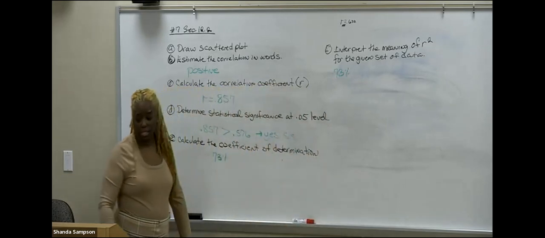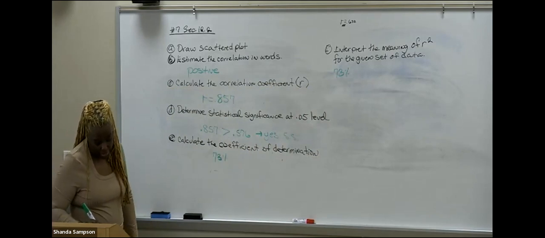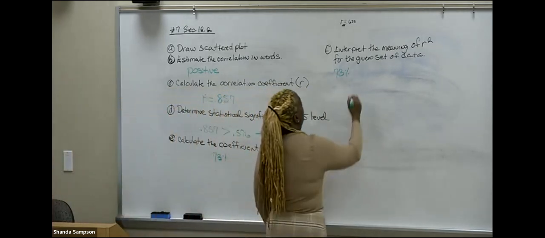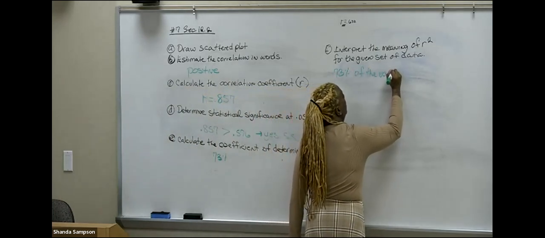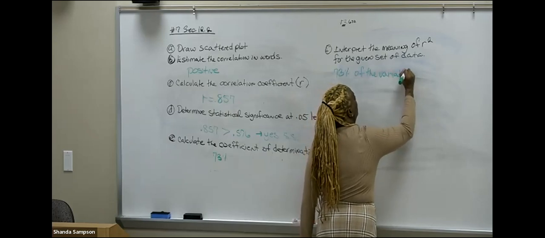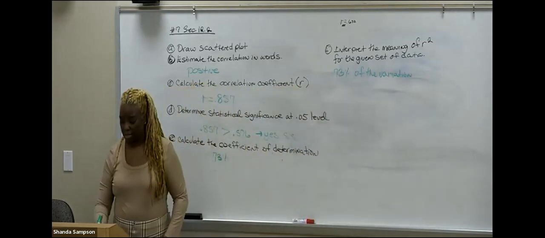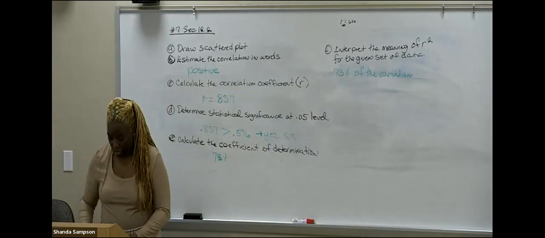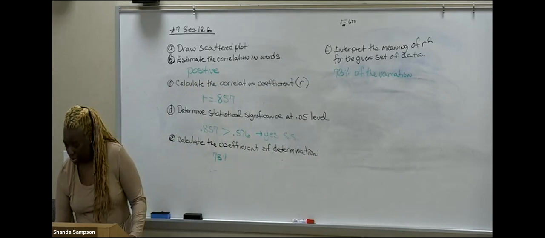Rachel asked us for the sentence, so let's put in the sentence, 73% what? Of the variation. Of the variation. I need to see, I forgot the problem. Okay, no problem. Let's pull the problem back up.